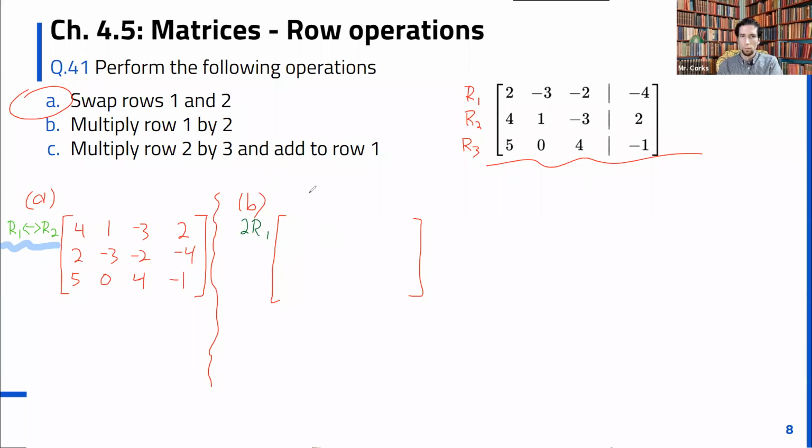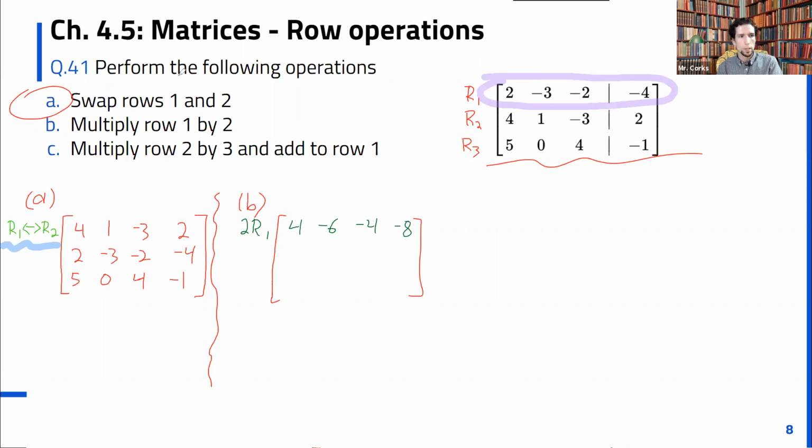Ignoring A, it means we need to multiply row 1 by 2, so we get 4, negative 6, negative 4, negative 8. Okay, good. So 4, negative 6, negative 4, and negative 8.